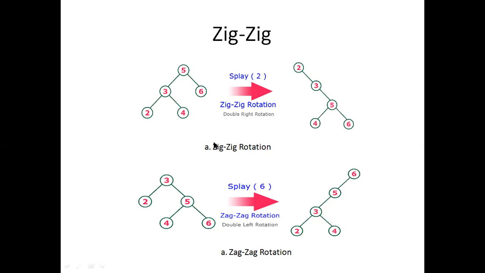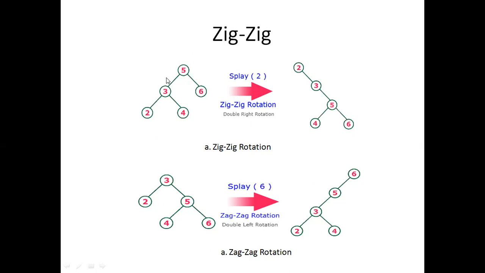Okay, here we consider the case of node 2. 2 is the left child of its parent, that is 3, and 3 is the left child of root node 5. So here we have to perform Zig-Zig operation. It means double right operation, right and then right.